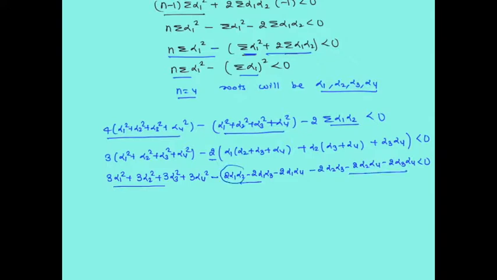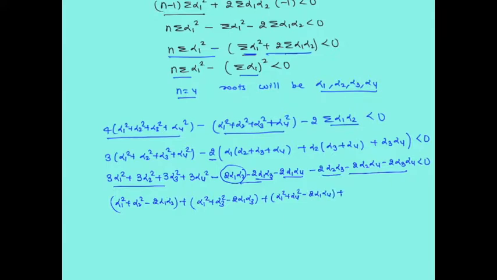So for 2 alpha 1 alpha 2, we will take 1 times alpha 1 square plus alpha 2 square minus 2 times alpha 1 alpha 2. Plus for this term we will take 1 times alpha 1 square plus alpha 3 square minus 2 times alpha 1 alpha 3. Plus for this term alpha 1 square plus alpha 4 square minus 2 times alpha 1 alpha 4.